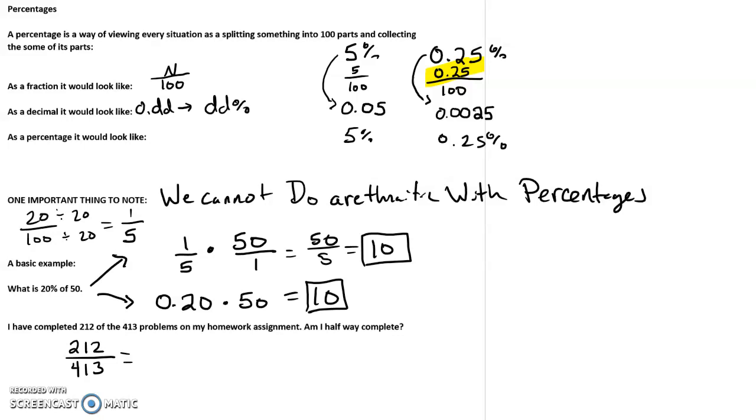When we divide this up, we get 0.5133171913, and it's not even done. It's going to keep going. This is the problem with decimals. At this point, most people would say, okay, I'm going to round this to 0.51. And I would say, yes, you're over halfway done.